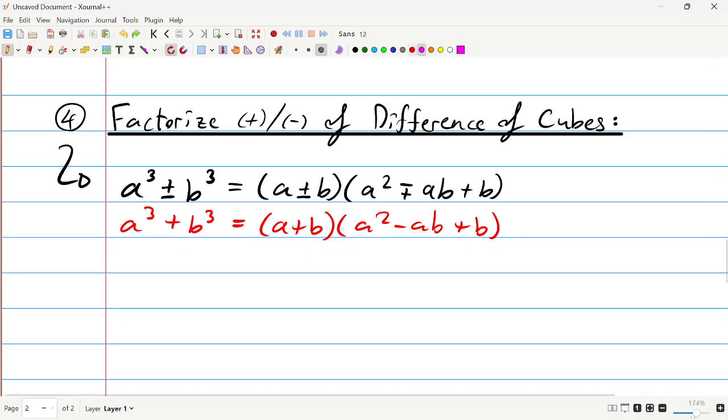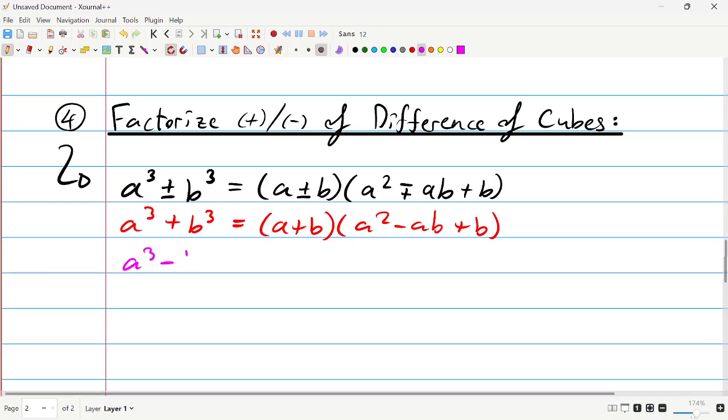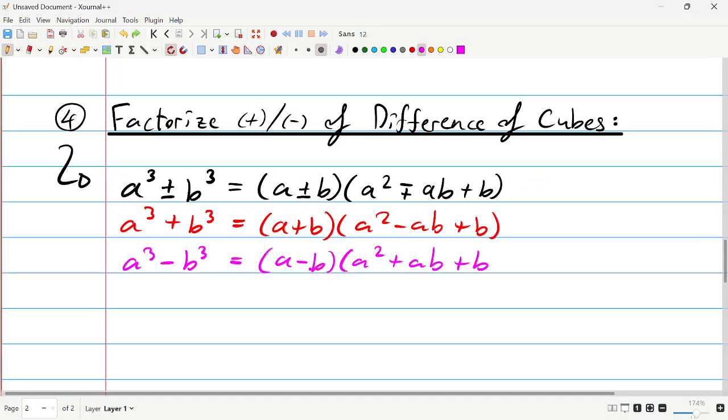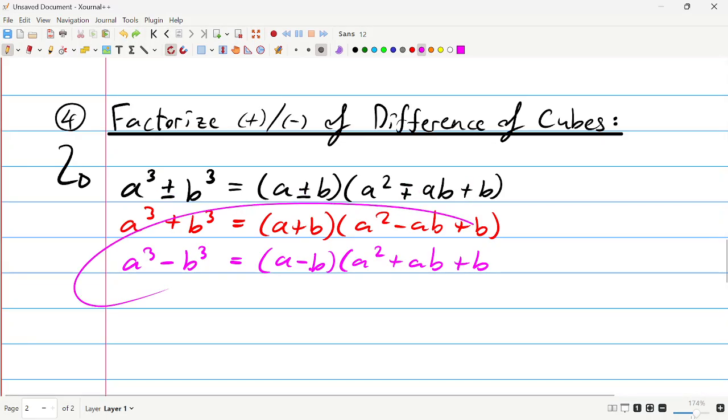But in the case where it is going to be a cubed minus b cubed, so a difference of 2 cubes, it will be a minus b multiplied by a square plus ab plus b. I just thought I'd put this one in because then you can just choose between the signs. So if I choose the positive, notice it's going to be positive, negative, positive. If I choose the negative, it'll be negative, positive, positive. Okay, so just remember those ones. This is how it's broken up.